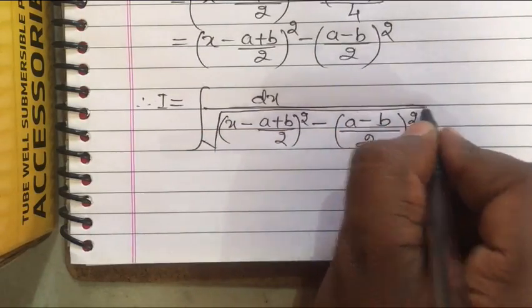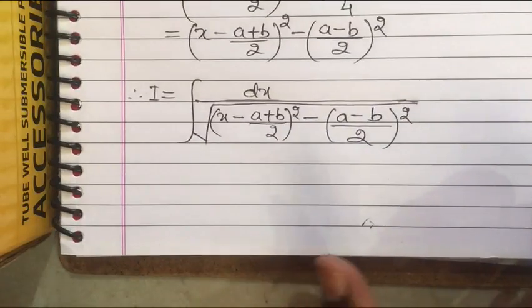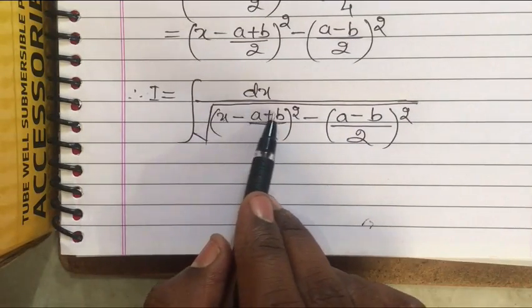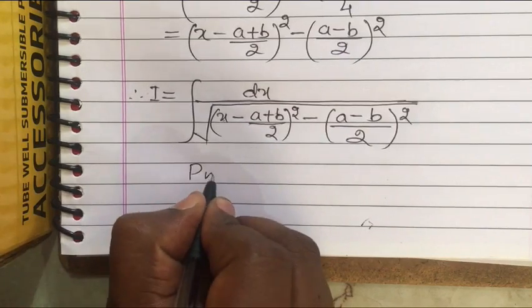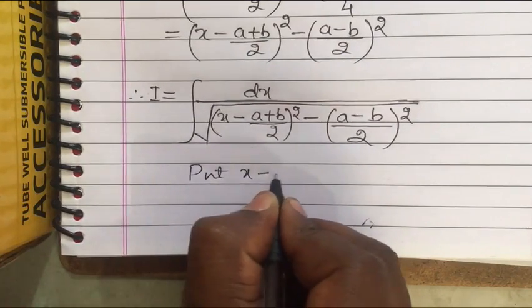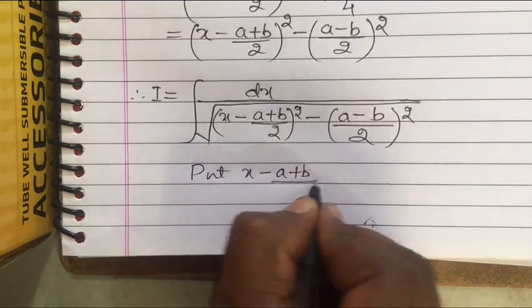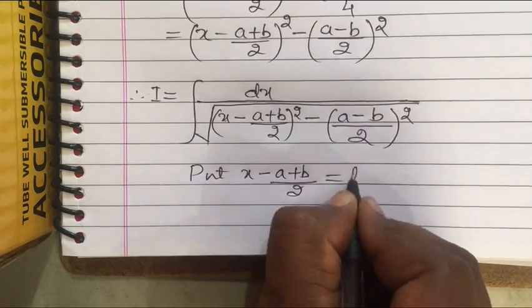Now we have to go for the substitution. So I take x minus (a plus b) by 2 as t. Here put x minus (a plus b) by 2 equal to t.